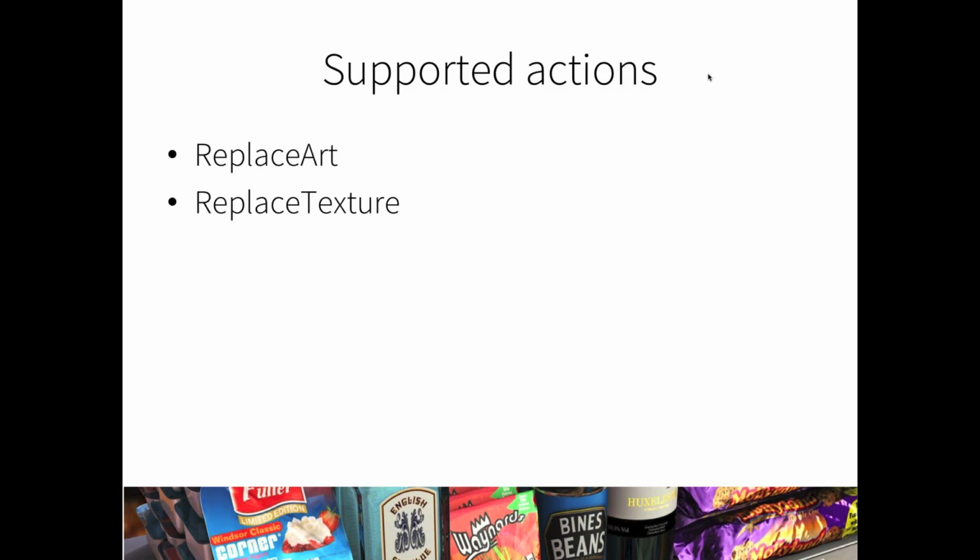So which actions can you do? Well, the first 2 that I listed here have to do with that idea of having to create variants. The first action is replace art, which replaces a piece of artwork, so a PDF file or an Illustrator file, and applies that to a label, basically. Think of a label as the label that you have on a wine bottle.